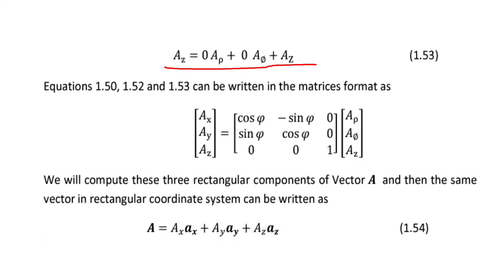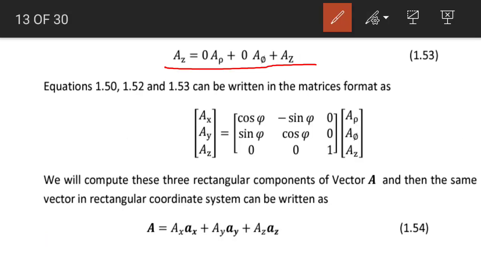And here is equation number 53, which gives you A_z. So we just write down these three equations in matrices format. So we have all these three equations in matrices format. You see, we have A_x, A_y, and A_z. Then we have this transformation matrix, cos phi minus sin phi 0, sin phi cos phi 0, and then 0, 0, 1. And then we have A_rho, A_phi, and A_z.